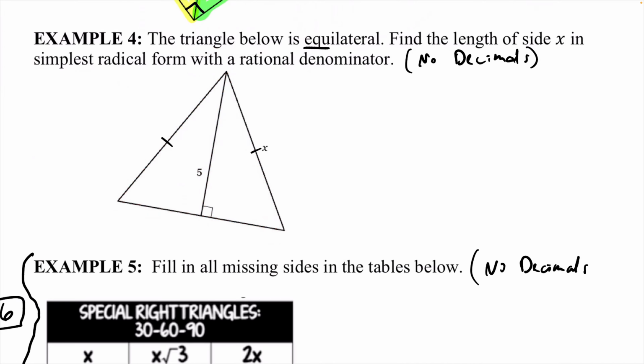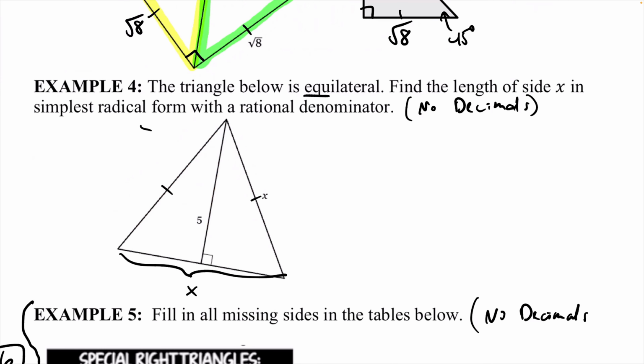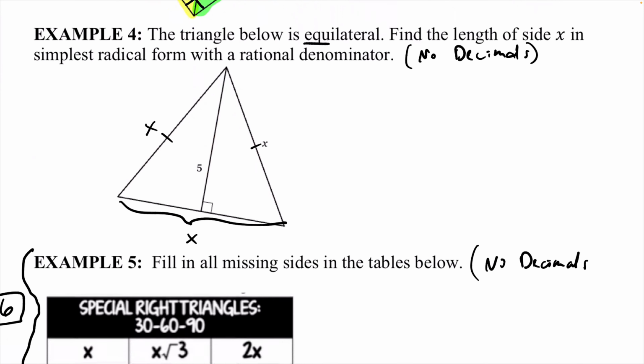So this, and this are all the same. And all the angles are the same. That's 60, that's 60, and the big angle there is 60. This angle here. Okay?